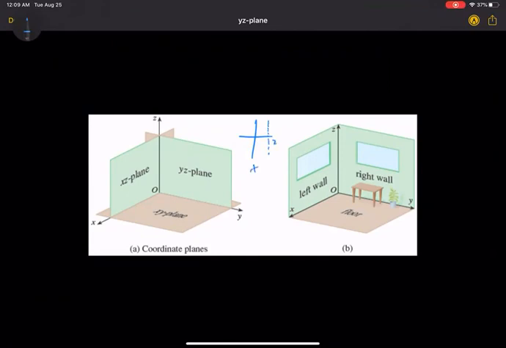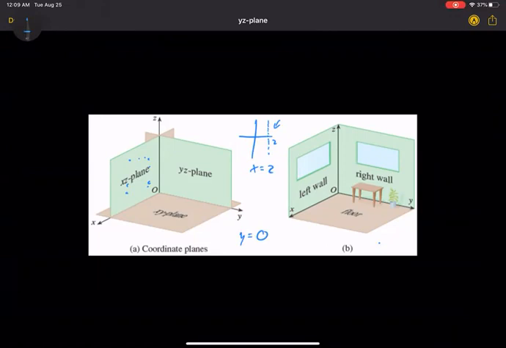The equation of that would just be X equals 2, meaning all the points whose X coordinate is equal to 2. In a similar way, this XZ plane is all the points whose Y coordinate is equal to 0, so it has the equation Y equals 0.